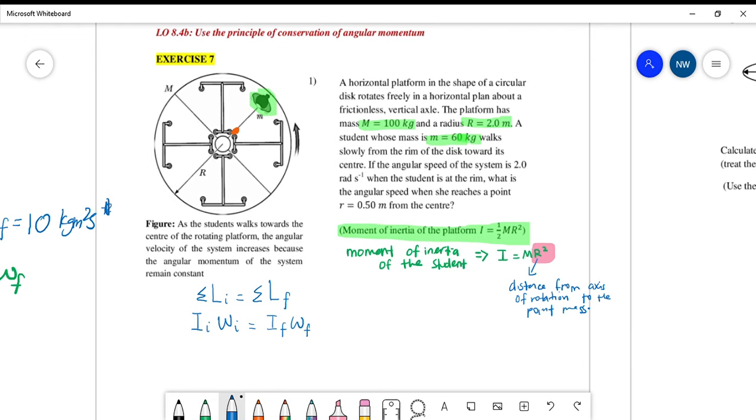For initial, we need to consider both moments of inertia, and also for final. So for initial, we have I student plus I of the platform, times omega initial, and then also I student plus I platform, times omega final.